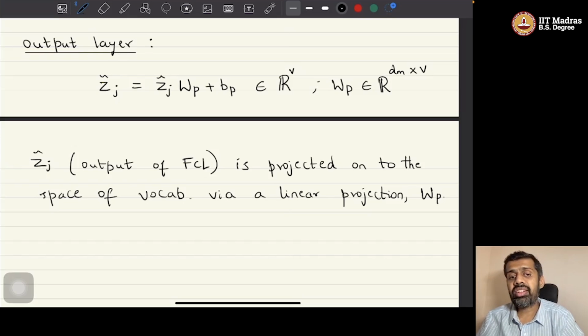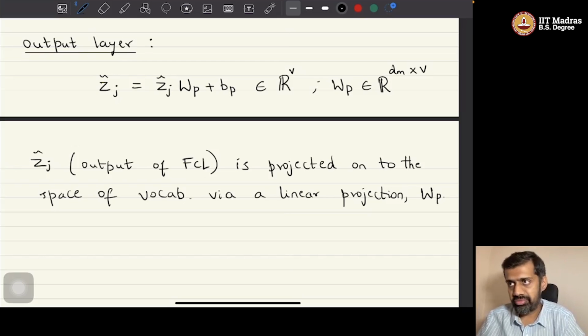What we need is a discrete distribution over all the tokens in the vocabulary. Right now, the z tilde j that we have is a V-dimensional real vector. Now we need to translate that V-dimensional real vector into a distribution over the vocabulary.